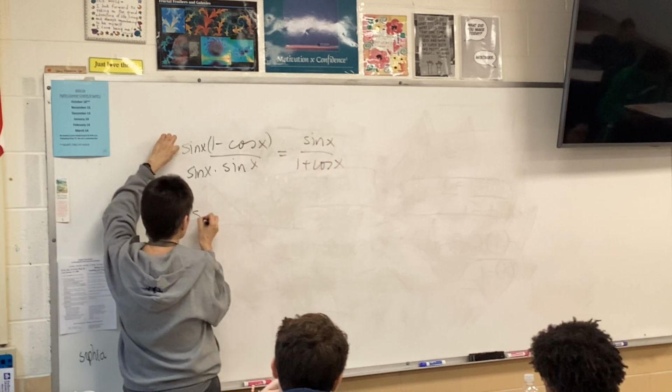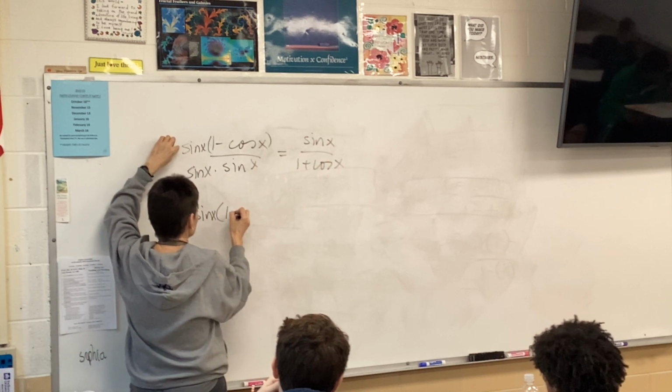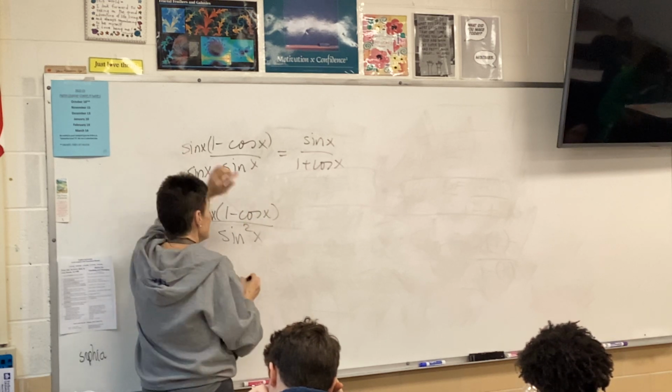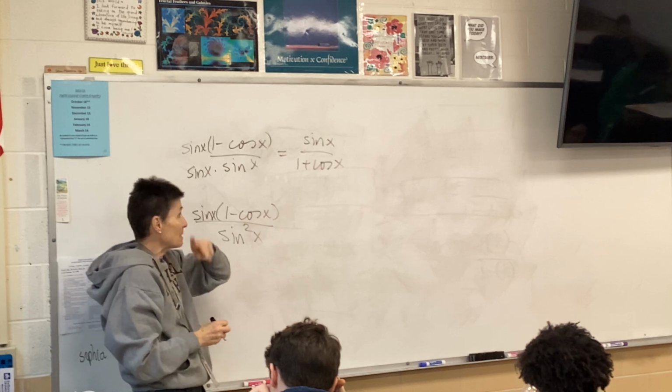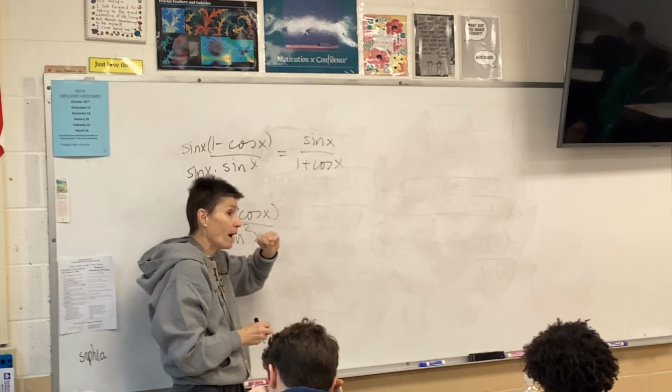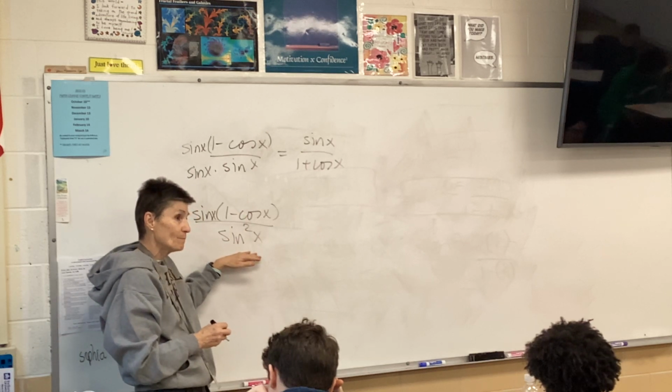So then I have on top, sine, 1 minus cosine, over sine squared. Now, again, Sydney, keeping an eye on where I'm going, I would like to have cosines at the bottom. Is that a possibility now?